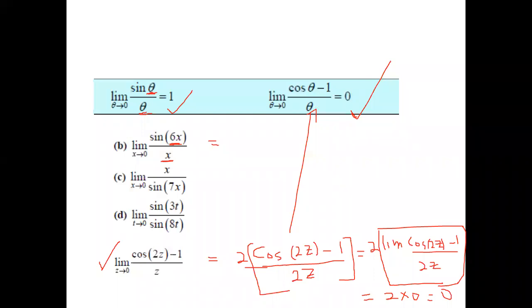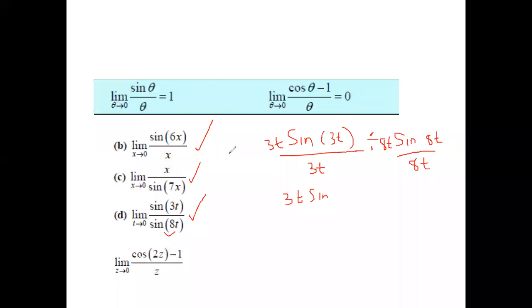The video will be made available after class. Let me repeat that. For this third example, we can write it as sine 3t divided by sine 8t. Like I explained, to express it in the form of the rule, divide through by 3t and multiply by 3t. For the other term, divide by 8t and multiply by 8t.